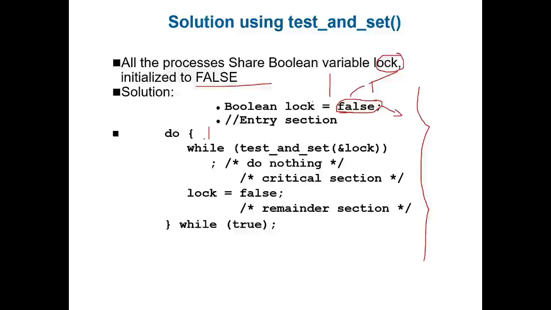So the process enters into the while loop to enter into the critical section. The test and set function is called here, and the address of the lock variable is passed as the argument instead of the value, because we have used the ampersand operator, where the address of lock is passed.